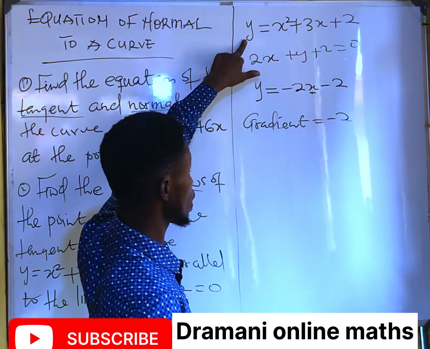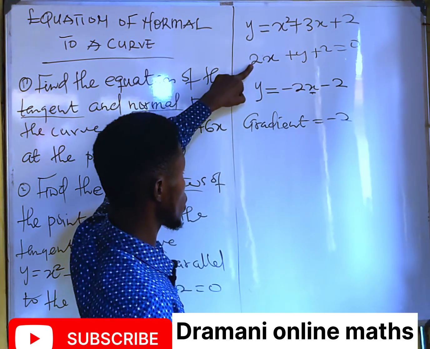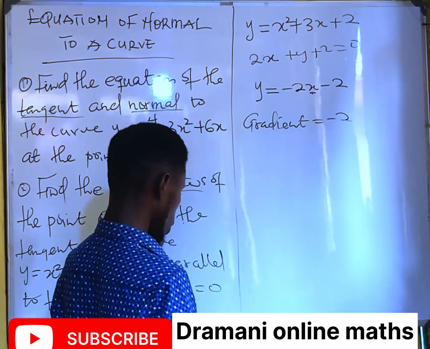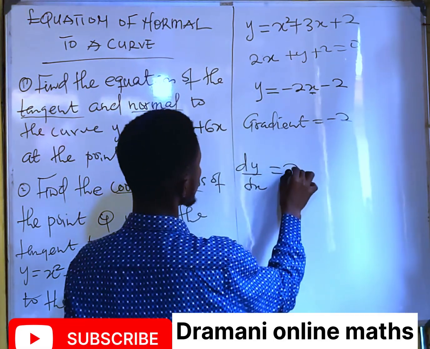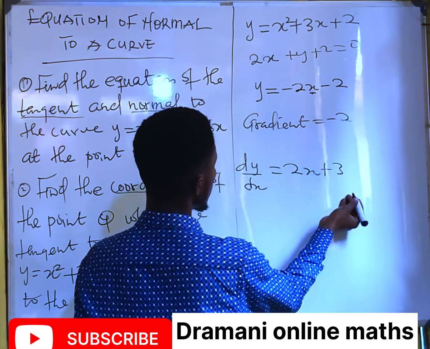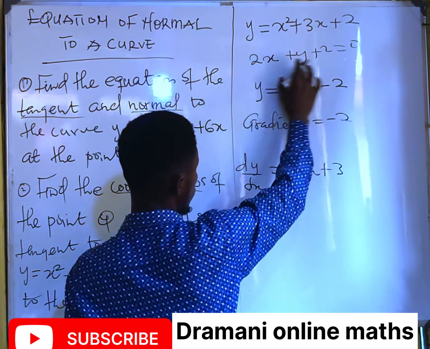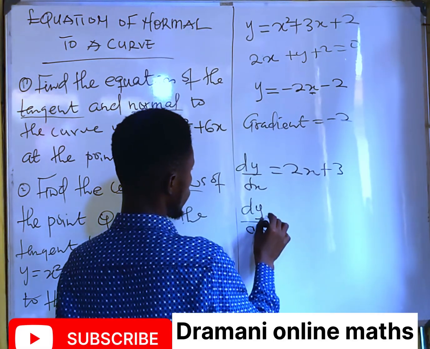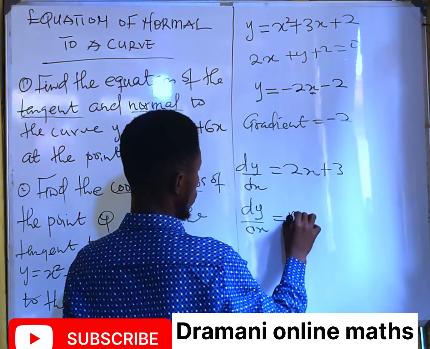Now, we know that this curve is parallel to this line. It means that if I differentiate the curve, whatever I get is the gradient. And since it's parallel to the line, the gradient of the curve will be equal to the gradient of the line. So let's differentiate the curve. That will give you dy dx equals 2x plus 3. Since this curve is parallel to this line, the dy dx should be equal to the gradient of the line.